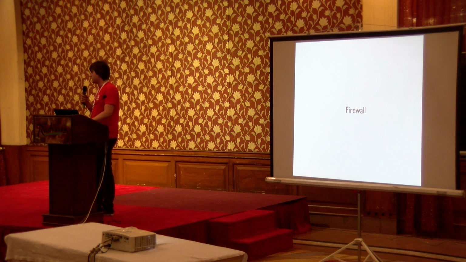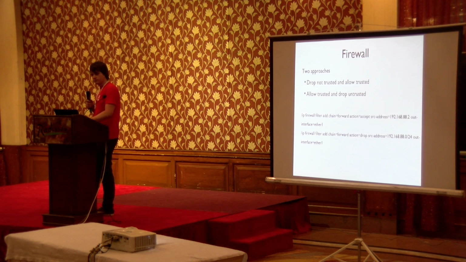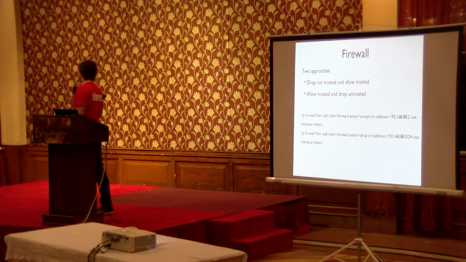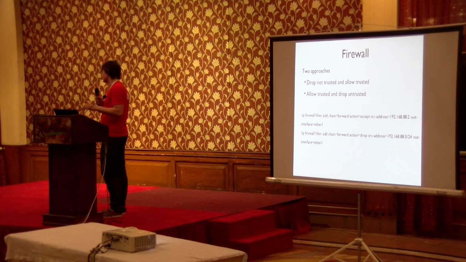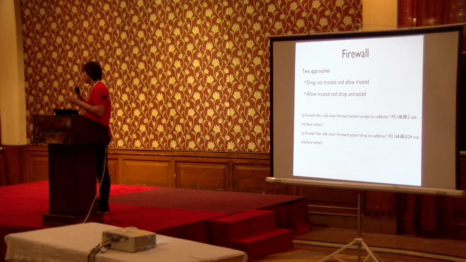Firewall is responsible for layer 2 and layer 3 protection. And firewall should be used in such a way where you block or allow some specific IP address and block or allow all the other.